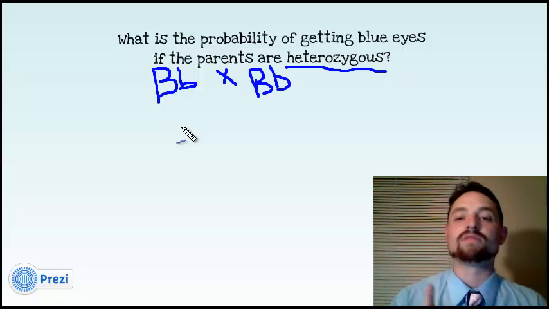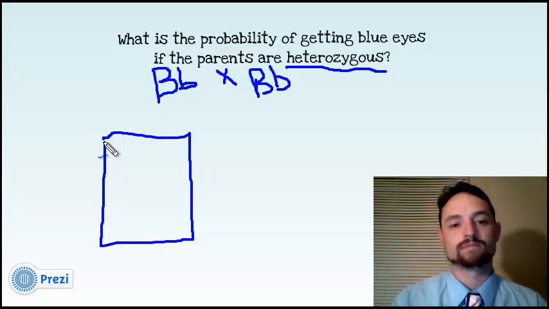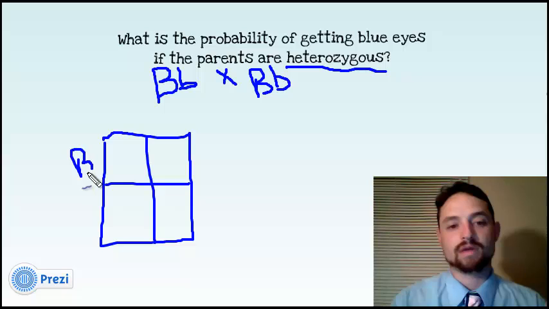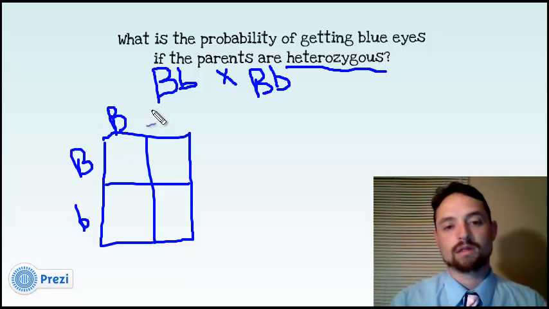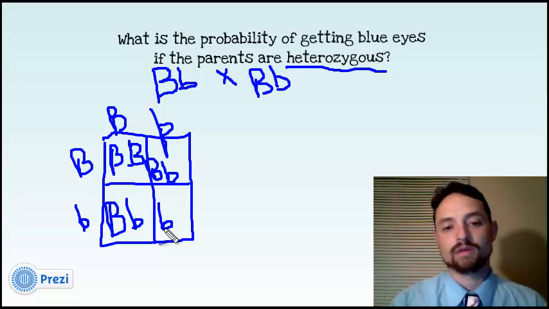And we want to know the probability of getting blue eyes, so we simply make our Punnett square. Big B, little b, big B, little b. So we got big B big B, big B little b, big B little b, little b little b.